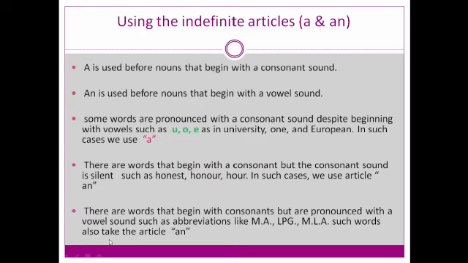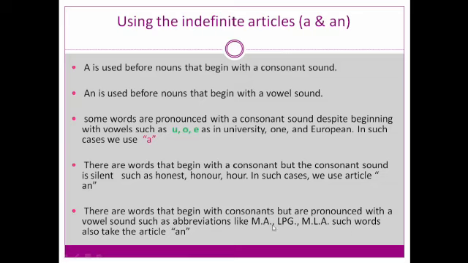Next one. There are words that begin with consonants but are pronounced with a vowel sound, such as abbreviations like MA, LPG, MLA. Such words also take the article an.